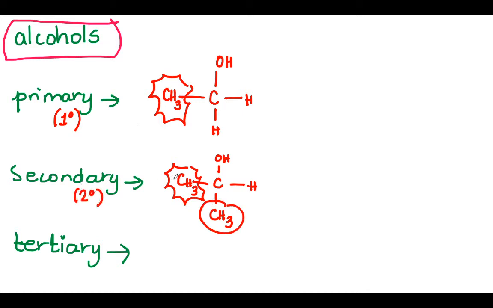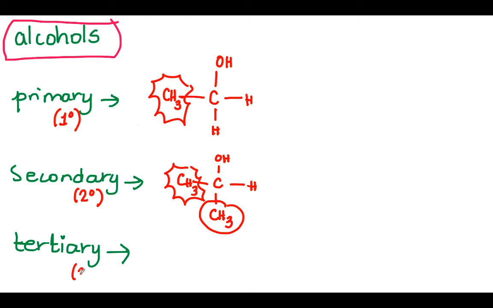And these carbons can be in and of itself attached to other carbons as well. I'm just showing you an example here with just CH3, but it could be a C that's then attached to another C, and so on and so forth. Another way of thinking about it is that a primary alcohol would have that carbon attached to 2 hydrogens, and a secondary alcohol will have that carbon attached to 1 hydrogen. So there's a few ways of you remembering this.